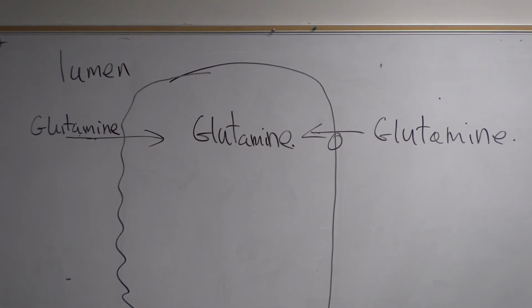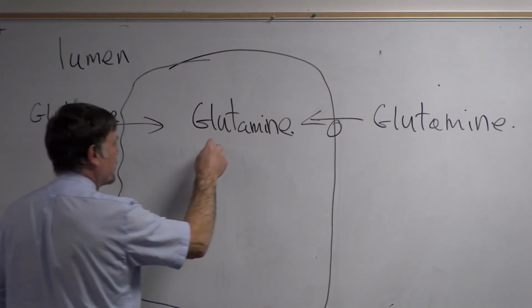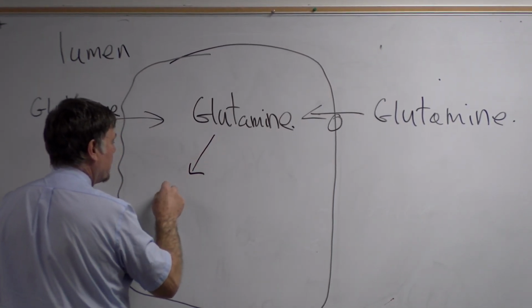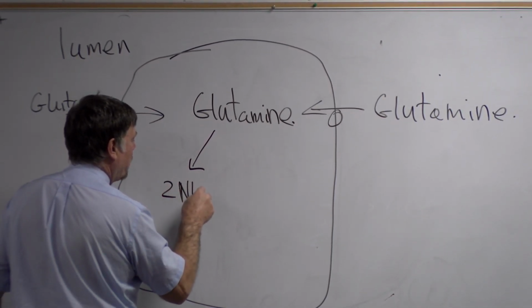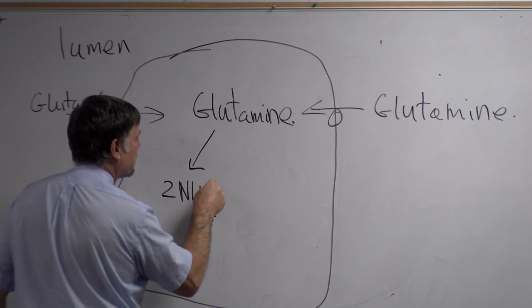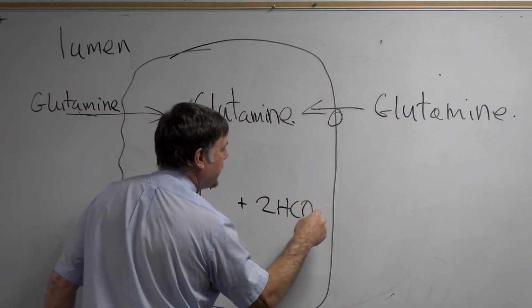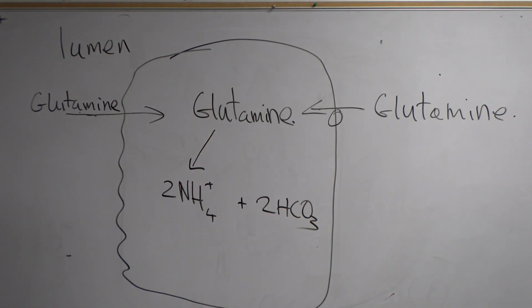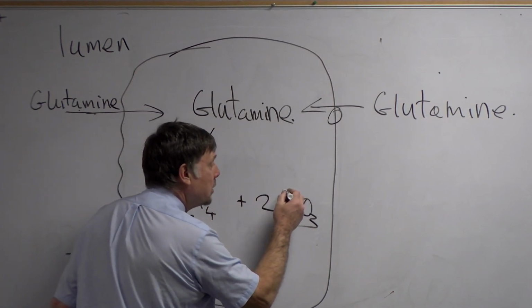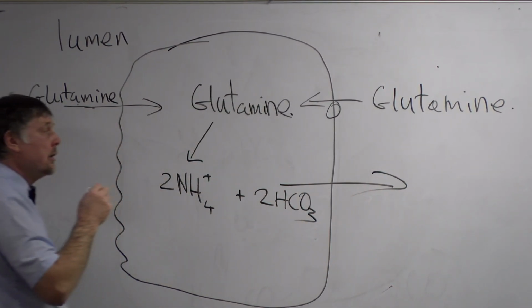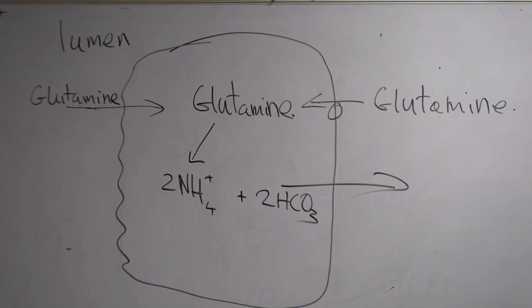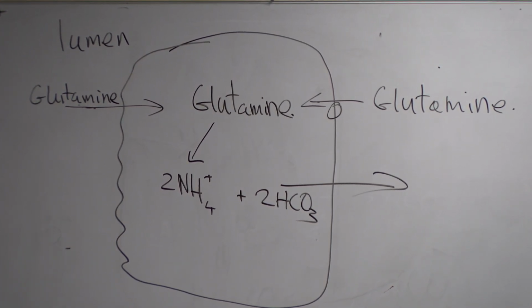The glutamine can be metabolized in the proximal tubular cell to 2NH4+ plus 2HCO3-. This will go this way, remember, mostly by that sodium bicarbonate co-transport.